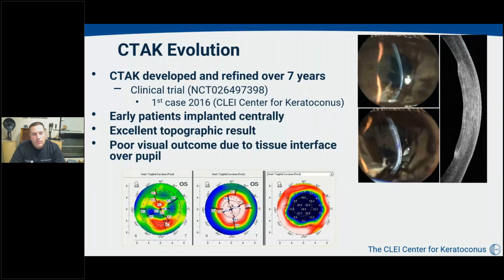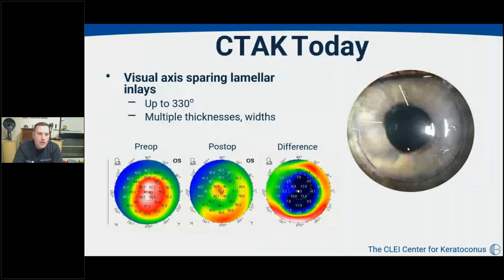But one of the things that we found over time was that the visual acuity for our patients really didn't match the topographies that we were seeing. We couldn't really counter the interface and the interface haze that we were getting with placing these lenticules in a pocket. So we moved to visual axis sparing lenticules. Initially we were placing full 360-degree lenticules that we had basically punched out the center and created a donut shape.